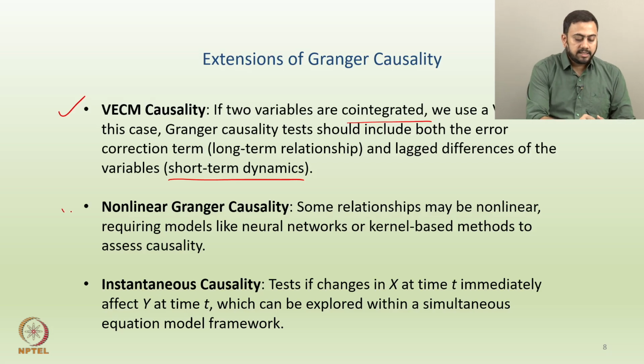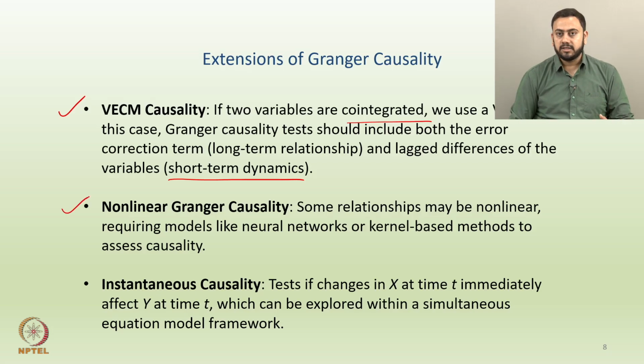Then the second extension could be non-linear Granger causality. By the way, all these are extensions of standard Granger causality. The first one is VECM causality, which assumes that xt and yt are co-integrated. The second one is a different modification to the standard causality, which is non-linear Granger causality.